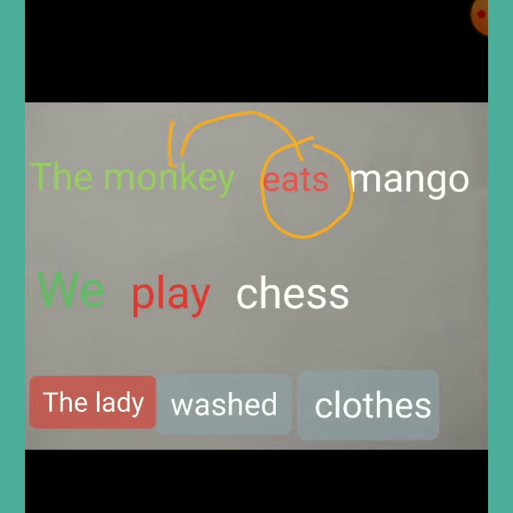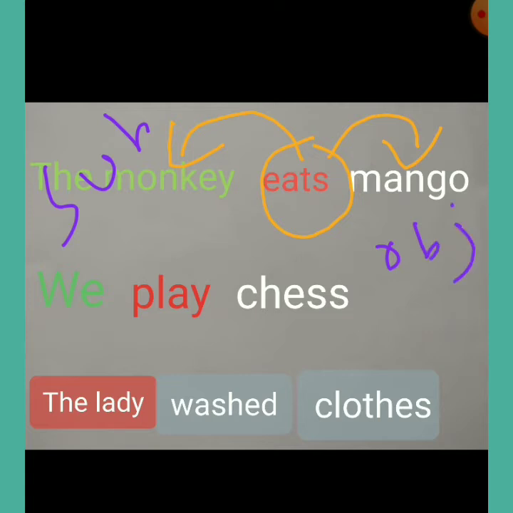So monkey is the doer, that means monkey is the subject, and who receives the action? The mango receives the action, or mango is affected. So the receiver of the action is object. So here you can see the doer is the subject and the receiver of the verb is the object. So here it is the subject, and here it is the object.